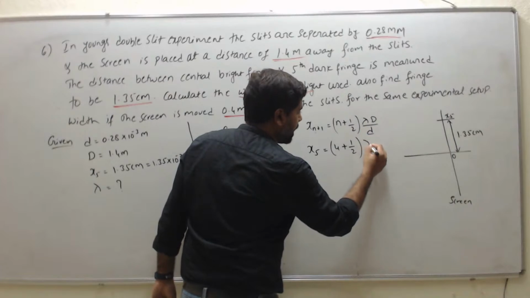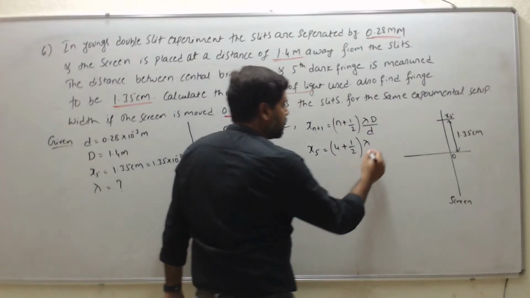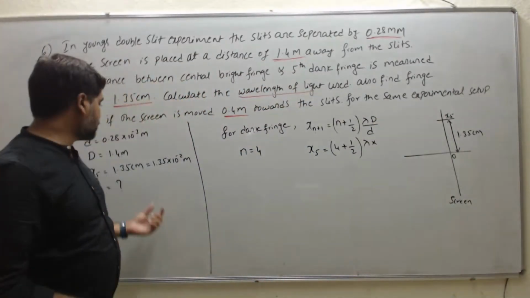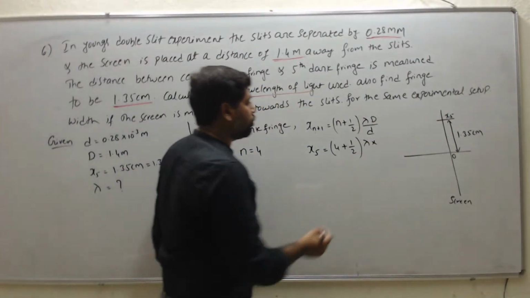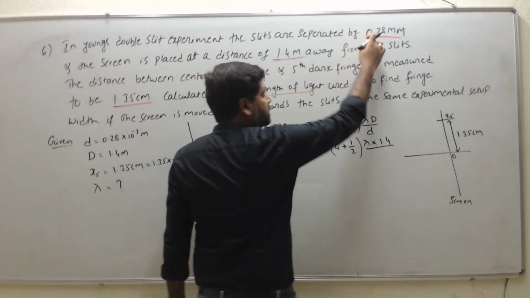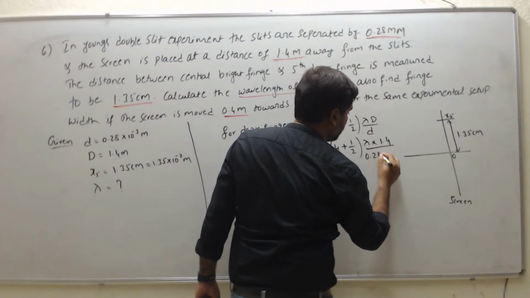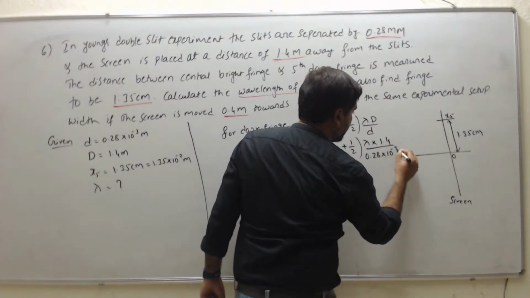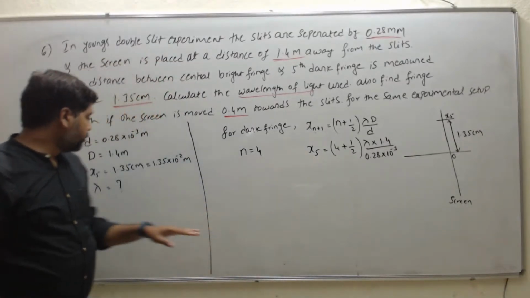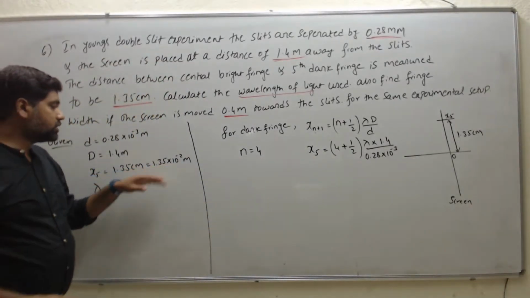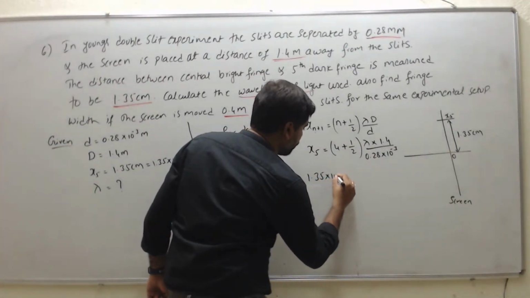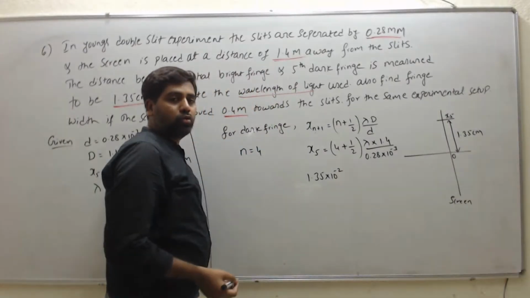Here we need to find lambda, keep lambda as it is, into the distance from the slit to the screen, that is 1.4 meter, divided by the distance between the slits, 0.28 into 10 to the power of minus 3. The x value is also given, that is 1.35 into 10 to the power of minus 2, right?